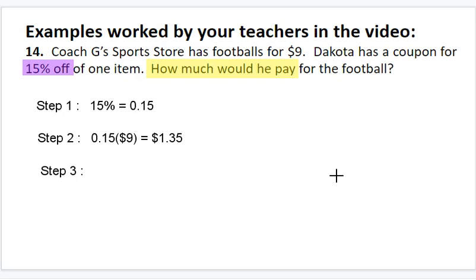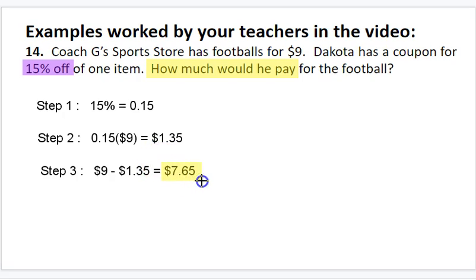So I've got my $9, and I'm going to subtract $1.35 because it was on sale. So $9 minus $1.35 is $7.65.